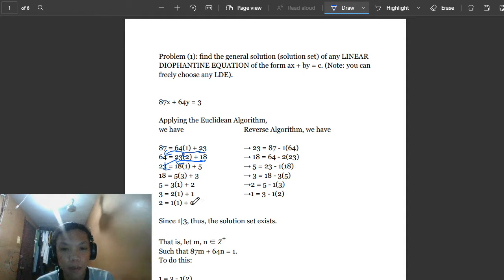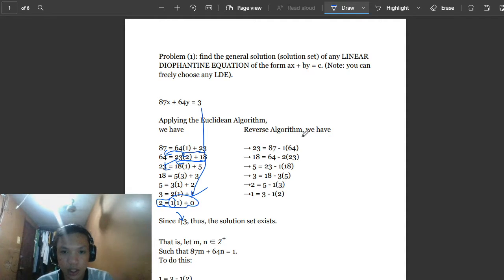When the remainder is already 0, then we have the solution for the greatest common divisor of the numbers 87 and 64. Since this divisor divides 3, the solution set exists.